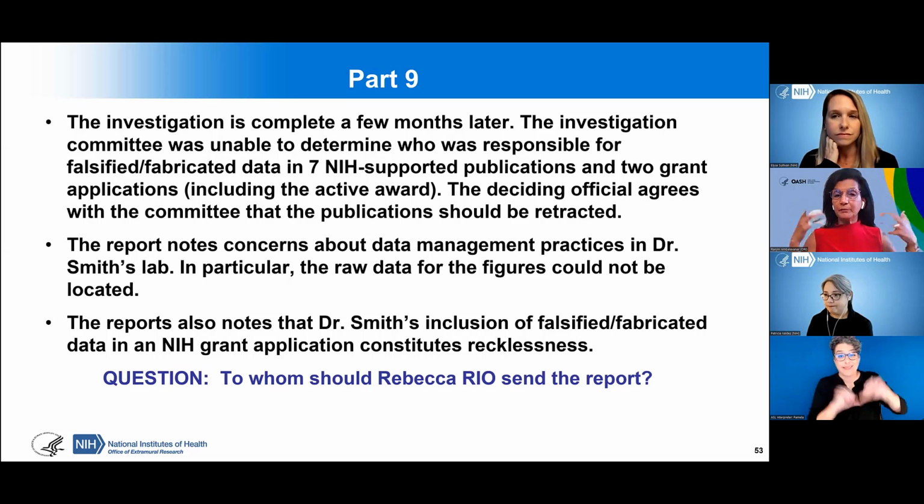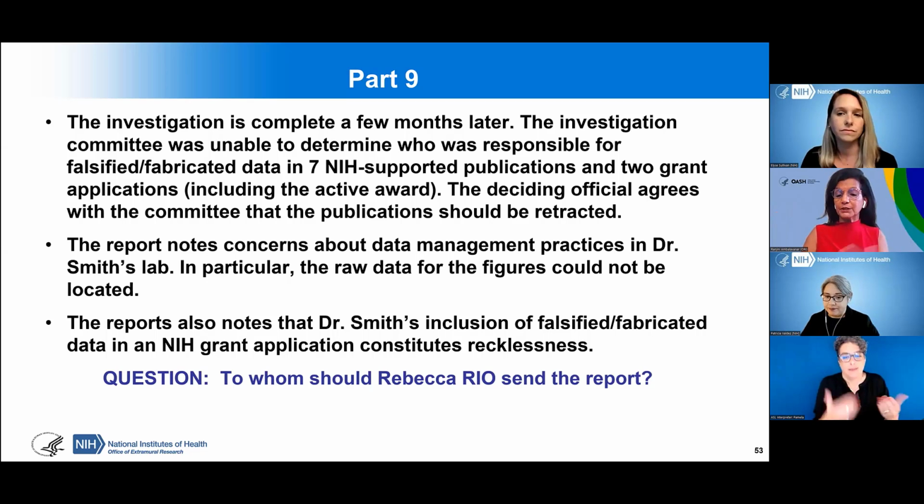Say some lab member is telling them that these data are not reliable, that other colleagues are making things up, and the PI still ignores it, does not address it, and then puts data from that particular individual into the grant without checking the raw data. That's recklessness. You are reckless even after being notified. You can't just call anything reckless, and it is a difficult situation when it comes to reckless compared to intentional conduct.